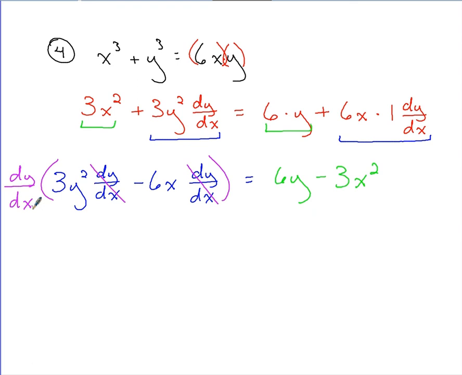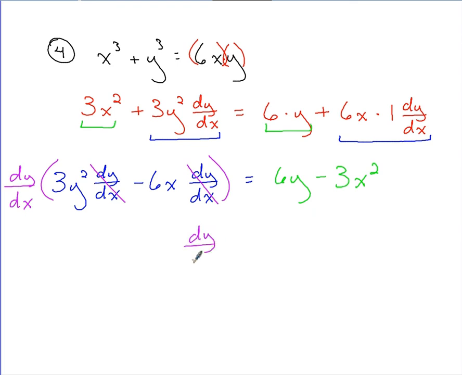Knowing I'm factoring this dy dx out, what remains is this quantity right here of 3y squared minus 6x. That represents a value multiplied to dy dx that I can divide over.